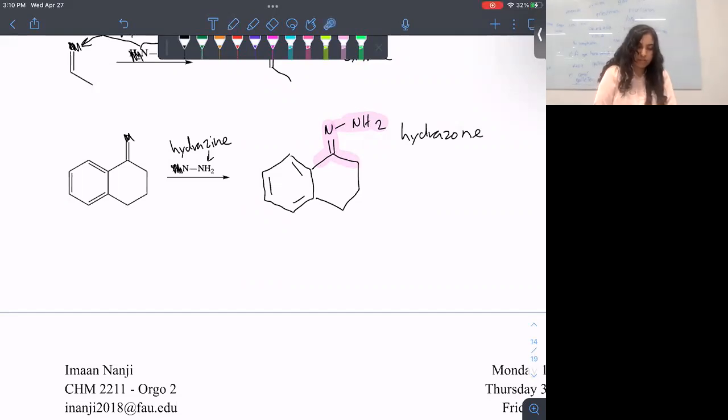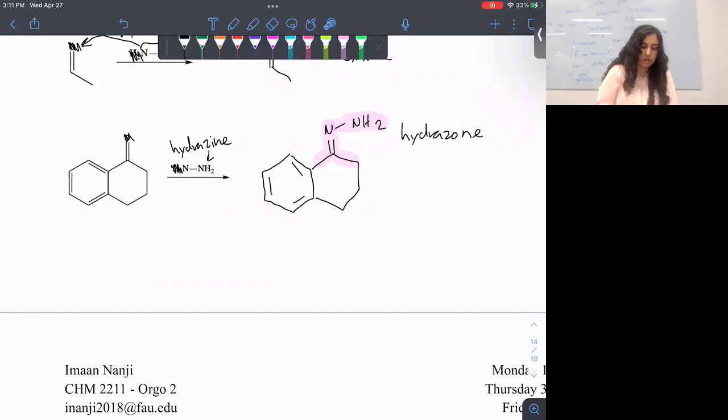But one thing you have to be careful with hydrazines and ketones, if you have a ketone and then you give it hydrazine, but on the bottom there's more reagents like KOH or H2O, what happens here is a Wolff-Kishner reduction. So if we did have KOH and H2O on the bottom, all we would do is cut the ketone off. But we don't have that, and we just have hydrazine.